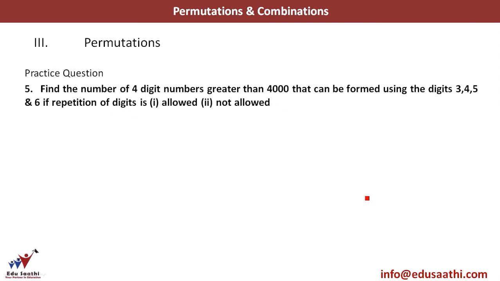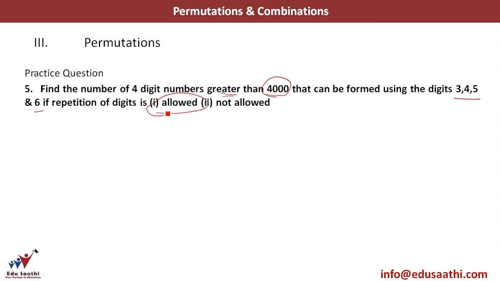So let's try another question on permutations. Now this question is slightly different from the one we've discussed before. Here they've asked us to find the number of 4-digit numbers which are greater than 4000 and that can be formed using the digits 3, 4, 5 and 6, and we have two cases here.